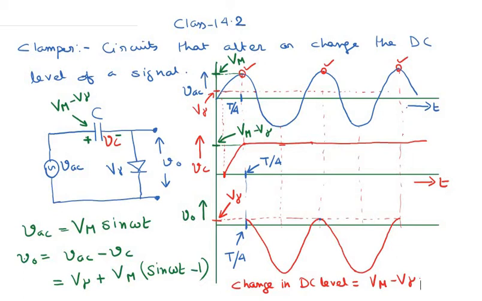Okay, so let us see another circuit. We have the same thing, the capacitor over here, and then we have a diode and then a voltage source VB.